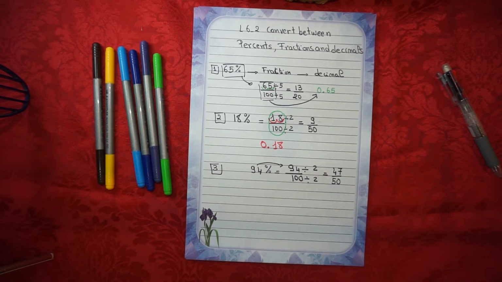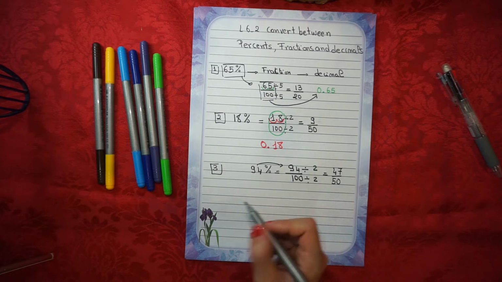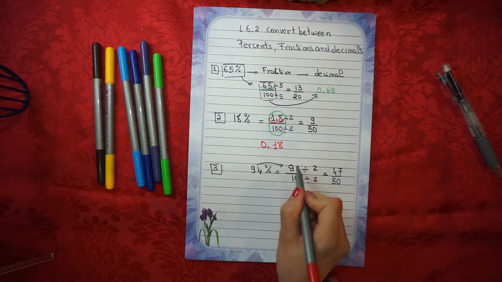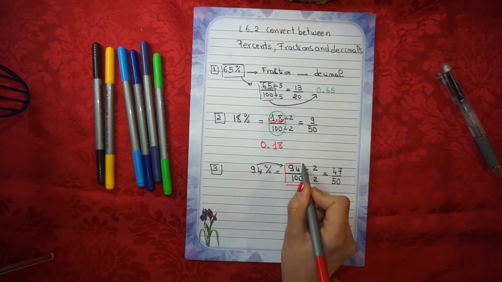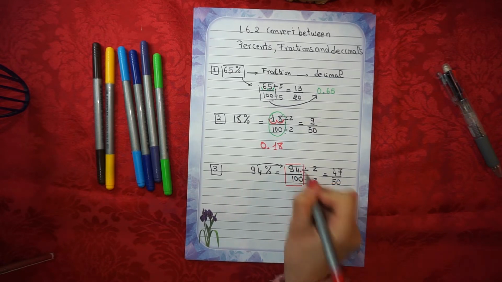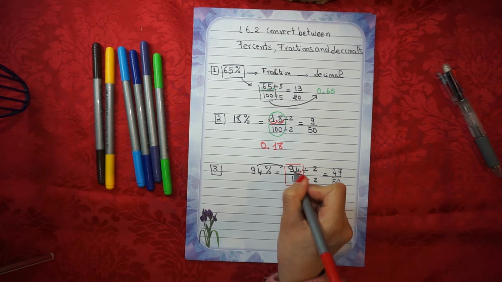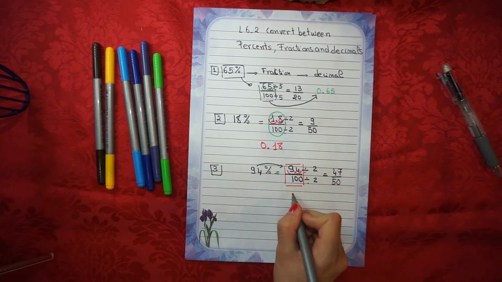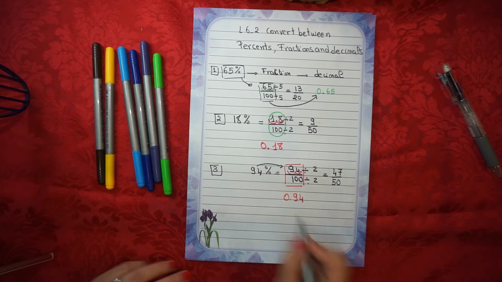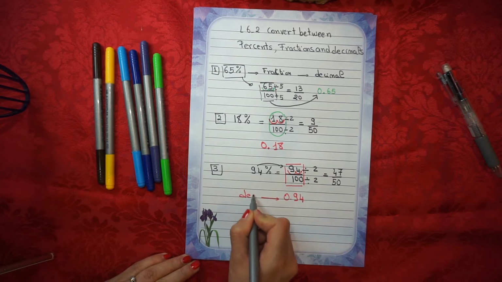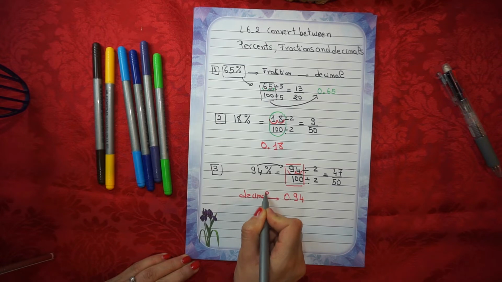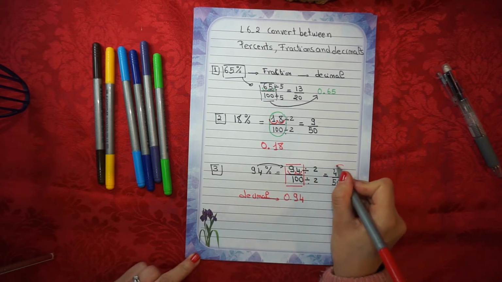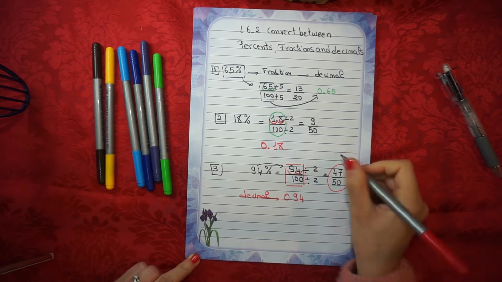And this is the simplest fraction. And as I told you, I'm gonna use the first fraction to find the decimal number. So here my decimal point and I'm gonna move twice to the left. So it will be 0.94. So this one is my decimal number. And this is my simplest fraction.